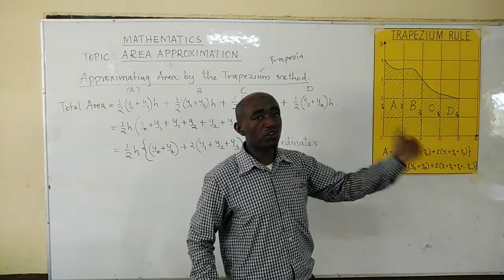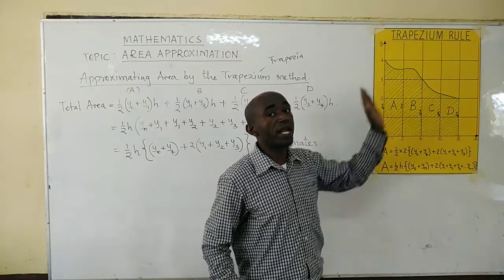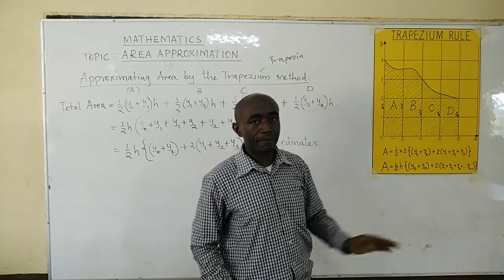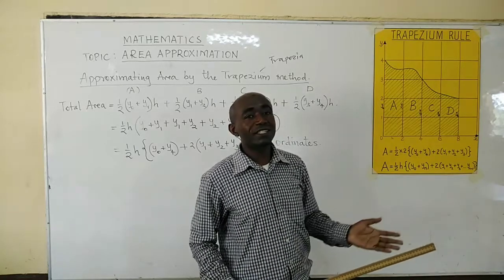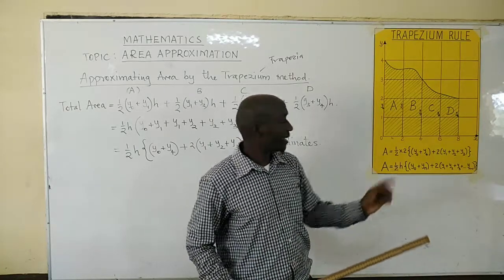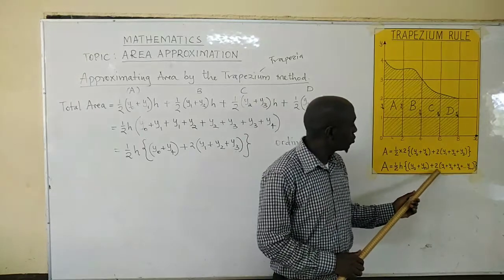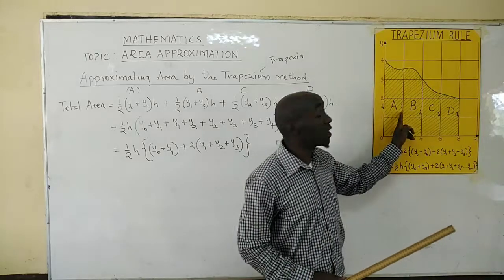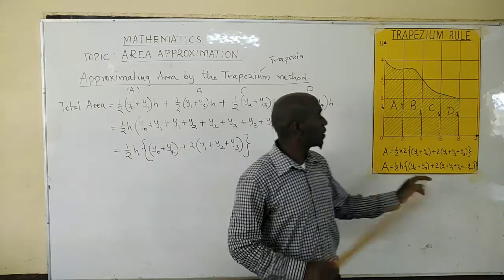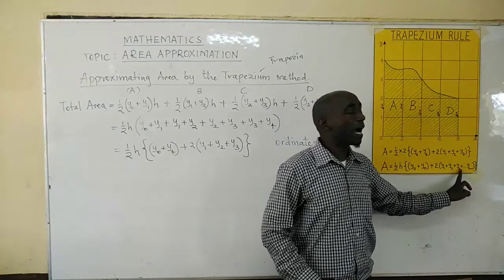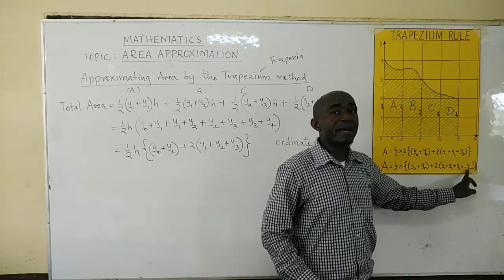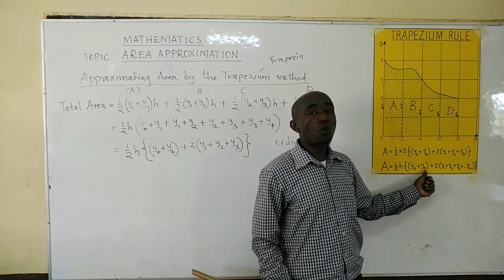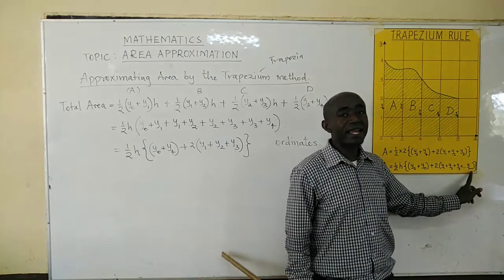Remember, if we have n ordinates, it will move from y0 up to yn. For 7 ordinates, from y0 to y7. For 10 ordinates, from y0 to y10. Then plus 2 times the remaining ordinates, starting from y1, y2, y3, plus y4, until you get yn minus 1. That is, if n is 10, y10, then this one should be y9.